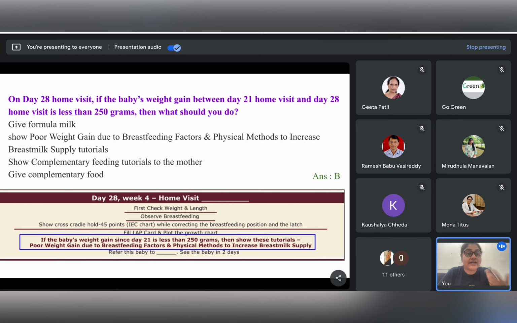As frequently as you are breastfeeding, you will definitely get that oxytocin reflex, and because of that there will be more breast milk formation, and there will be more breast milk supply, right? So apart from galactogogues in your diet, this frequent breastfeeding is very important so that there is more breast milk supply.